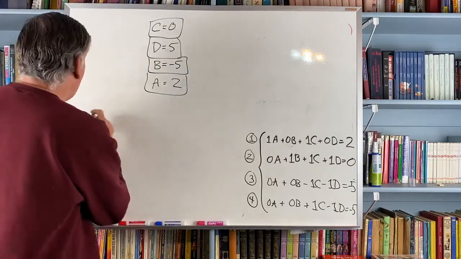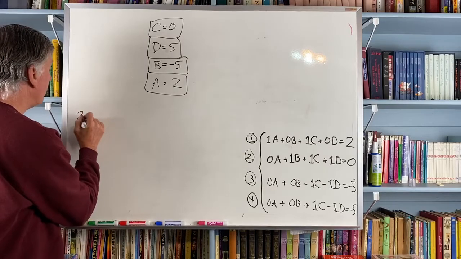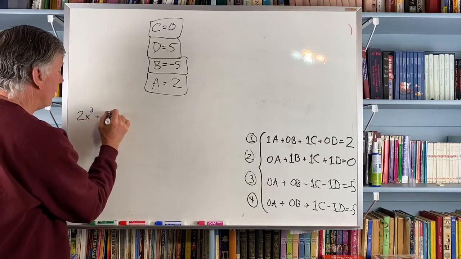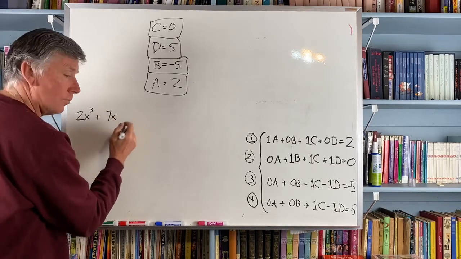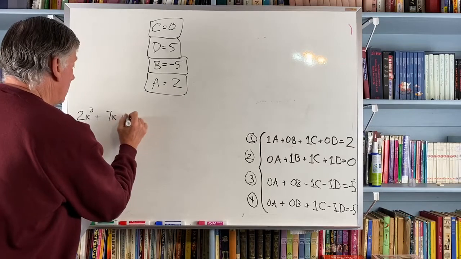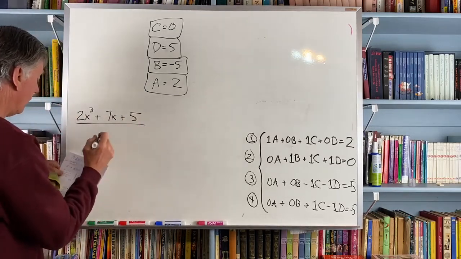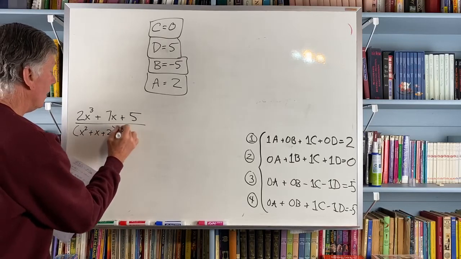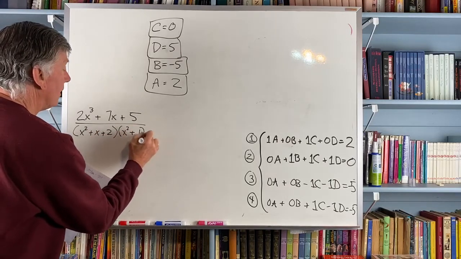So now I can rewrite this. I have 2x cubed plus 0x squared plus 7x plus 5 over x squared plus x plus 2 times x squared plus 1.